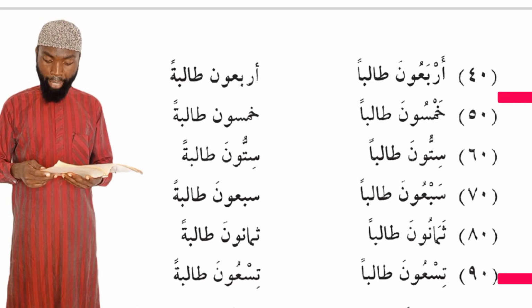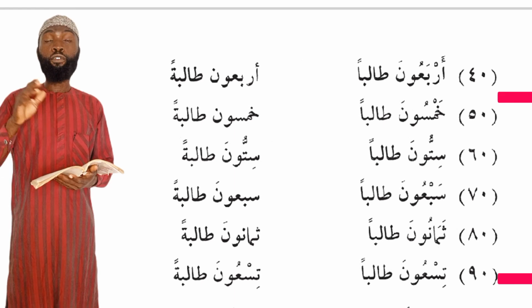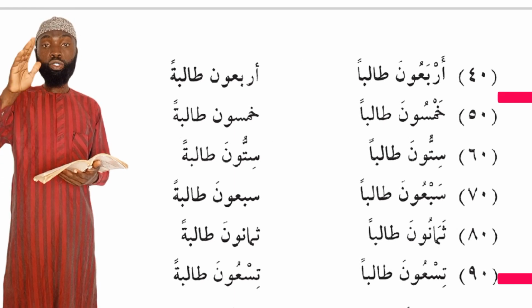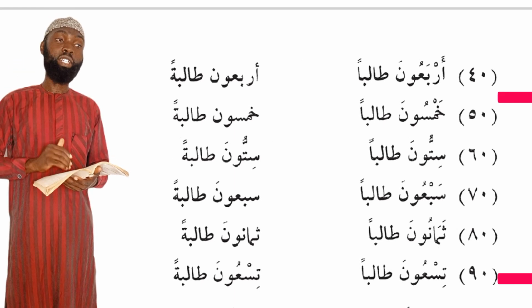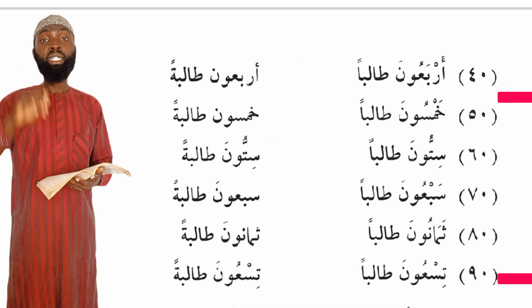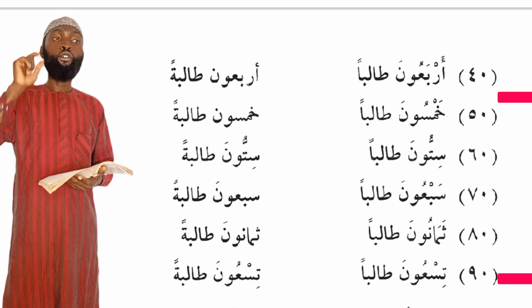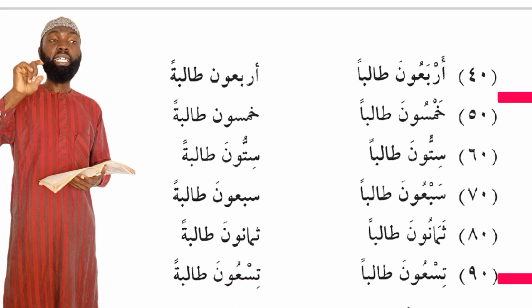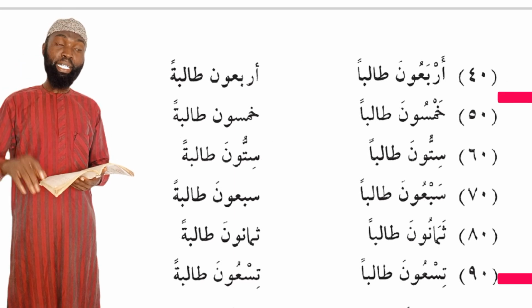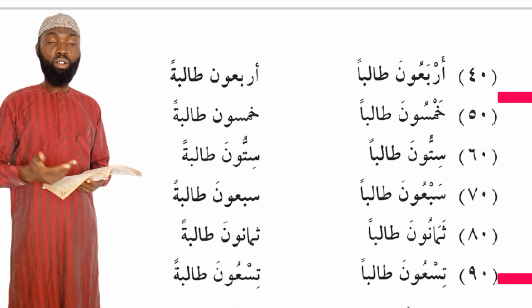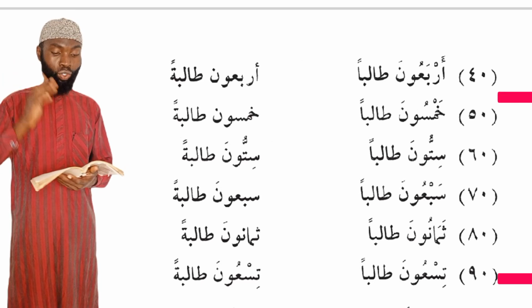MashaAllah. So from here, you can see the counting for 1 to 29 is already fixed. You already understand. And counting for numbers which are called the tens, numbers like 20, 30, 40, 50, 60, 70, 80, 90, they are all the same. So you say thalathuna taliban or thalathuna talibatan.